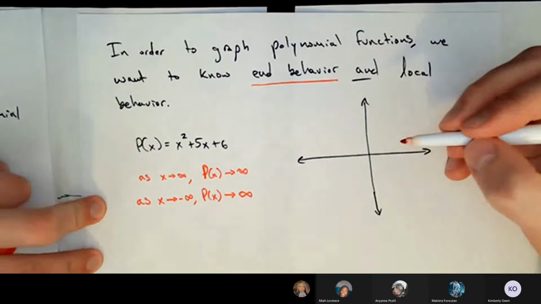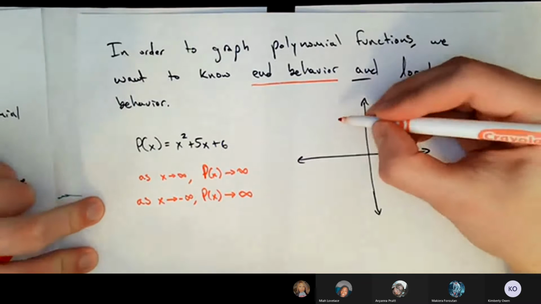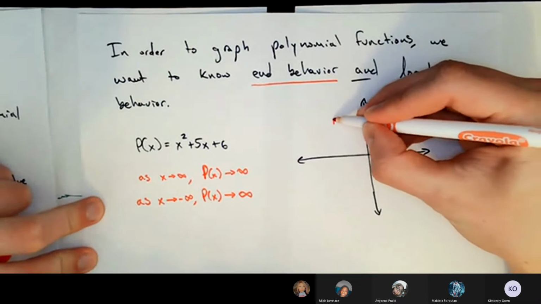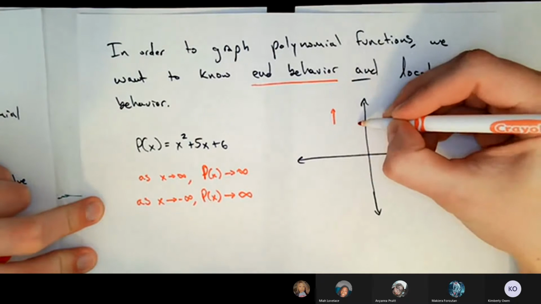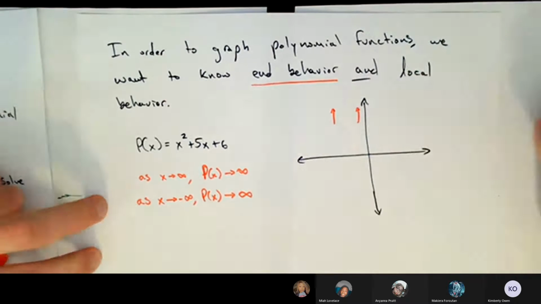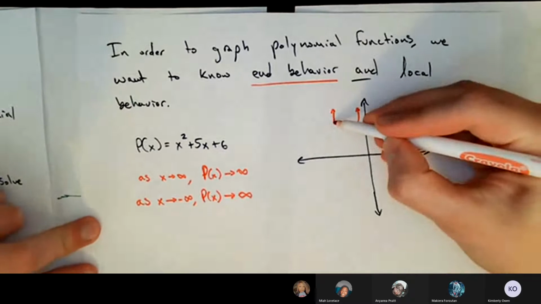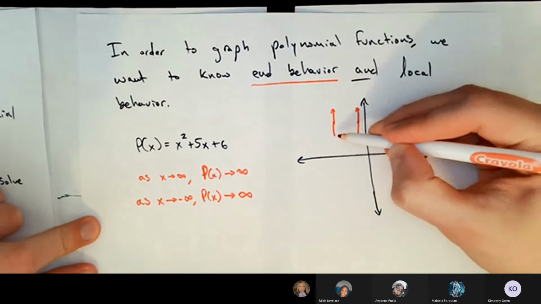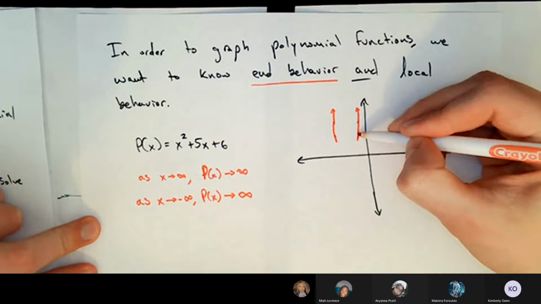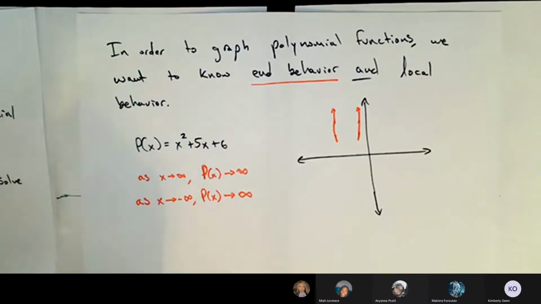That tells me that both legs of the graph are pointing up. I'm deliberately drawing it in the appropriate place, trying to do a color scheme for you.